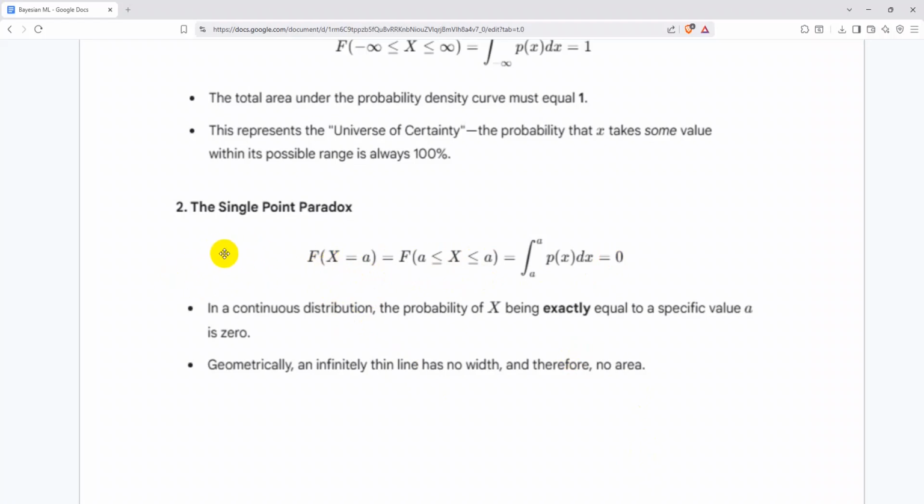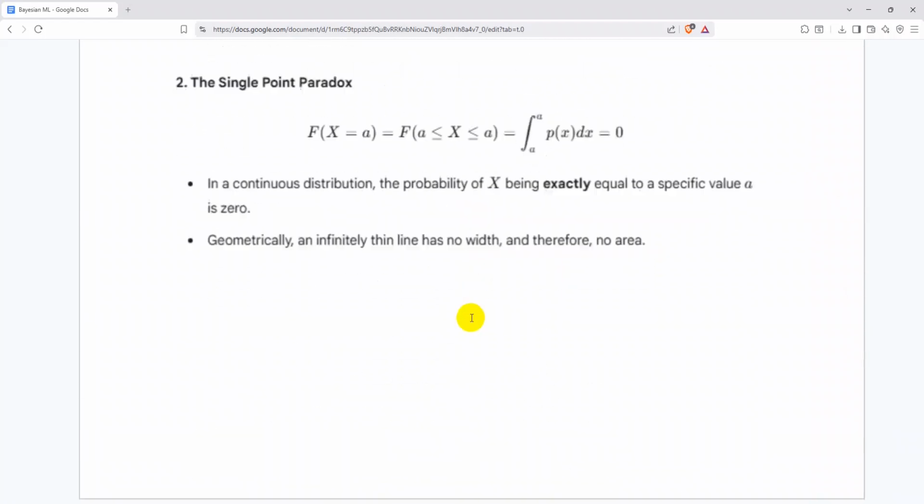For example, if I ask, what is the probability that the height is exactly 170.001 centimeters? The answer is still 0. The intuition here is simple. If you take a single point on the line, it has no width. And if it has no width, it has no area. And no area means no probability.